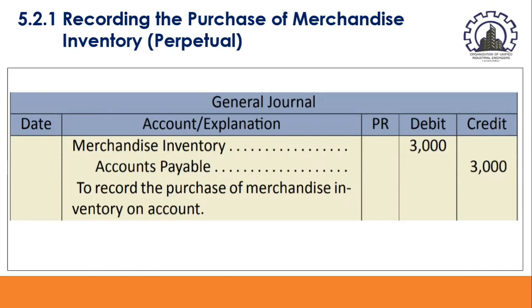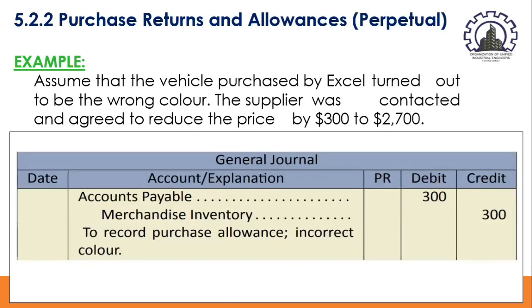Now, in the following section, we have purchase returns and allowances, applying the perpetual method. In order for us to better understand purchase returns and allowances, let me give you an example. Assume that the vehicle purchased by Excel turned out to be the wrong color. So instead of ordering red, the one sent to the customer is blue.